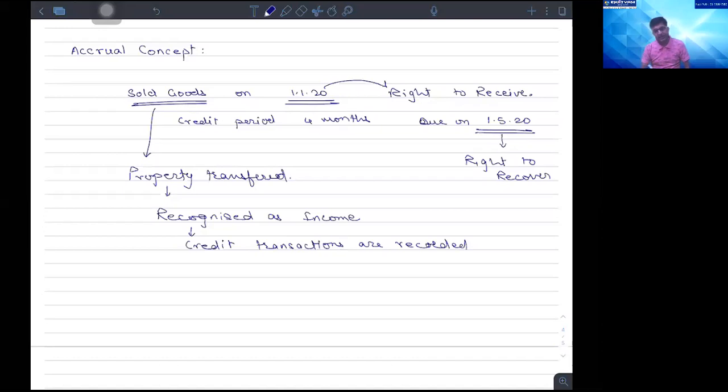The same way, the reverse situation can arise for the goods purchased as well. जो गुड्स तुमने 1 जनवरी 2020 को परचेज किए उसी दिन तुम्हारी लायबिलिटी क्रिएट हो गई. क्यों उसी दिन तुम्हारी लायबिलिटी क्रिएट हुई? क्योंकि तुमको गुड्स मिल गए तो you have the obligation to pay against that or not.